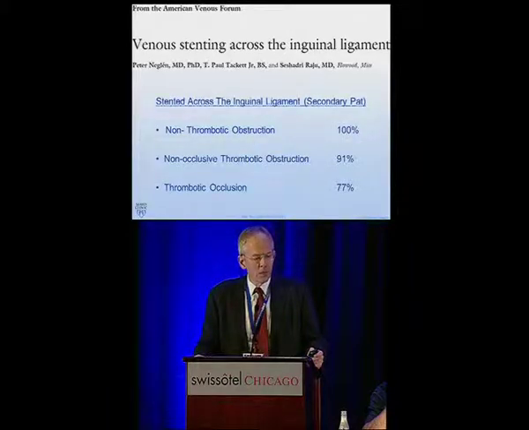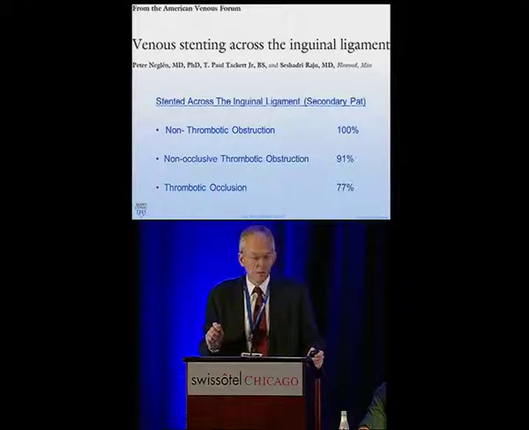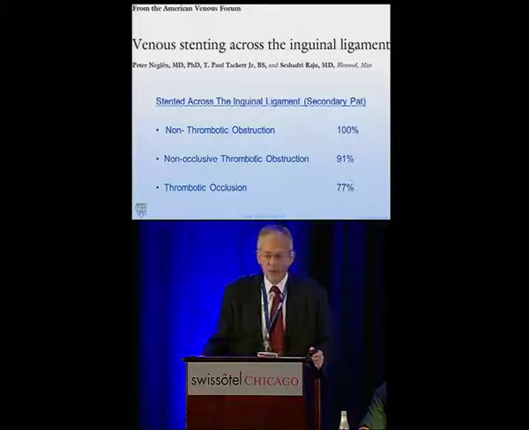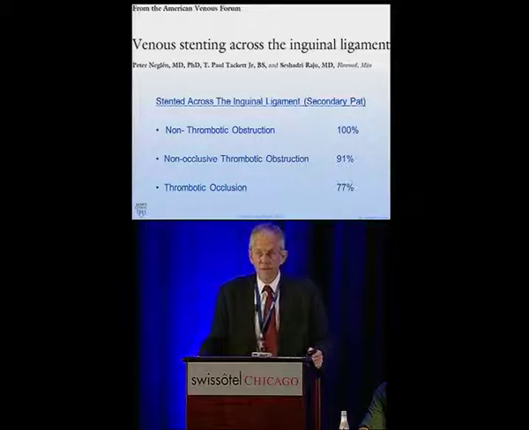So if you look at this number here, secondary patency rate was 100% in the patients that had non-thrombotic obstructions. So if the patient had never had a thrombotic episode in that segment, there was 100% patency. If you had a non-occlusive thrombotic obstruction, then 91% secondary patency, and thrombotic occlusion, 77%.